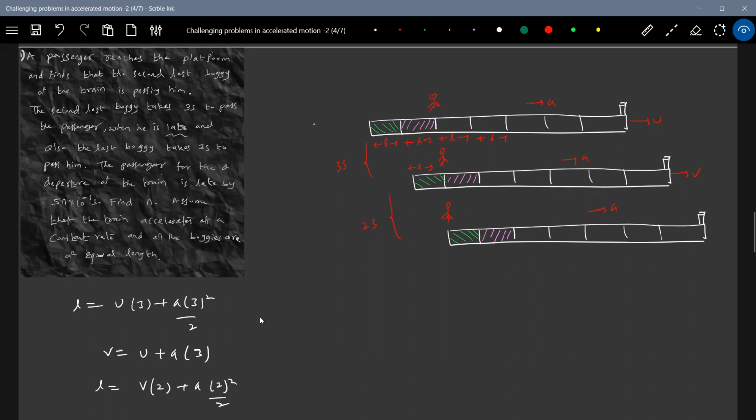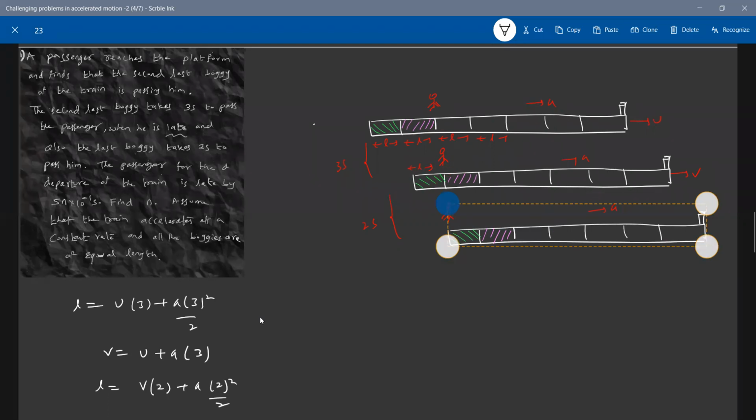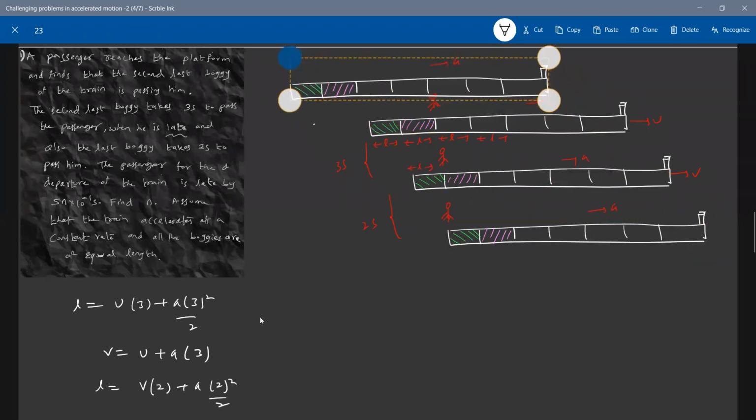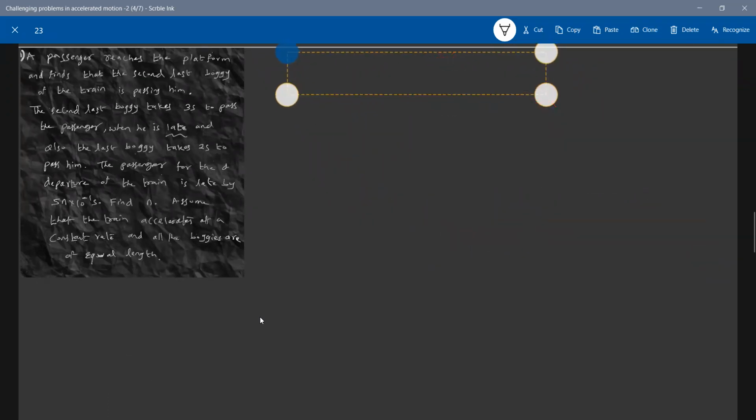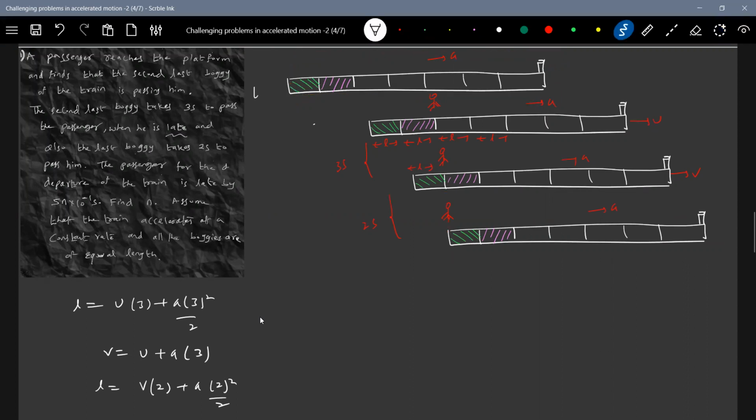So now what is the question? The passenger for the departure of the train is late by what time? Earlier the train definitely might have started. We don't know, somewhere here the train might have started long back. By the time the passenger is there, the last but one bogie is in front of him.